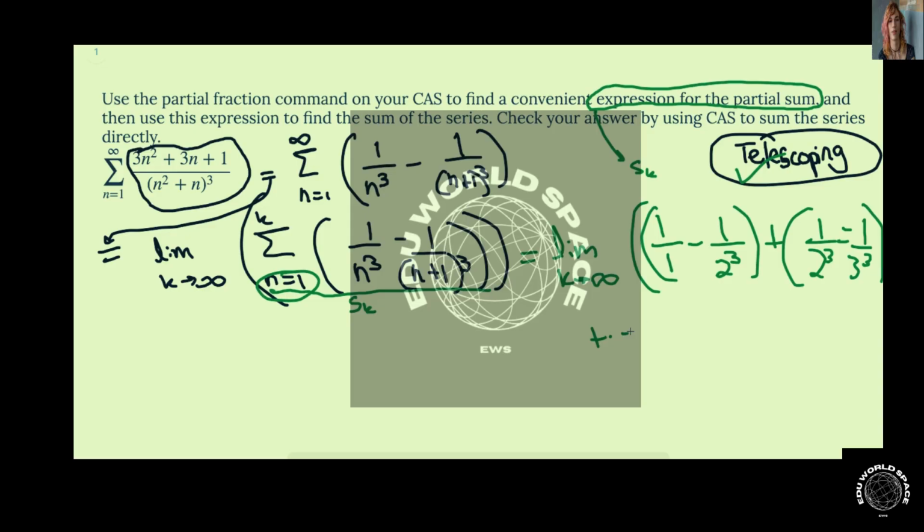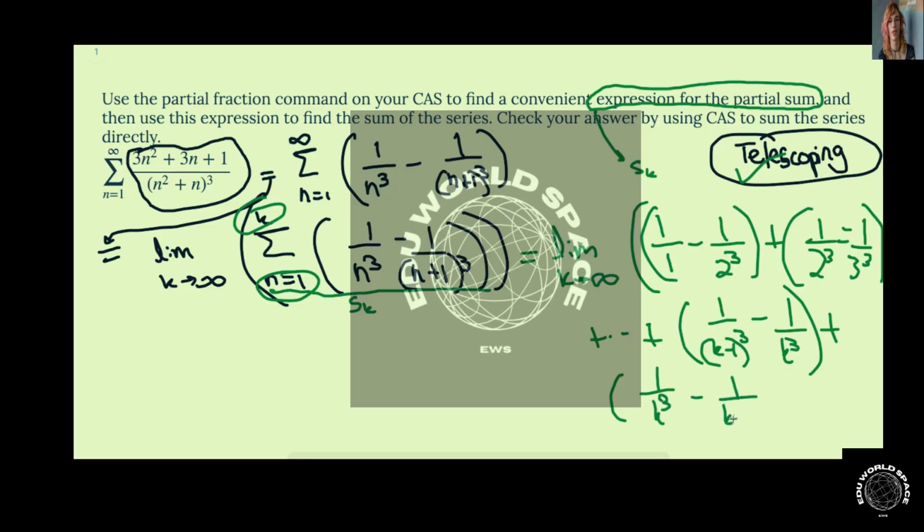And so on. And then on the other hand, we'll have 1 over (k minus 1) cubed minus 1 over k cubed. And then the very last term, when you plug in n equals k, you have 1 over k cubed minus 1 over (k plus 1) cubed.